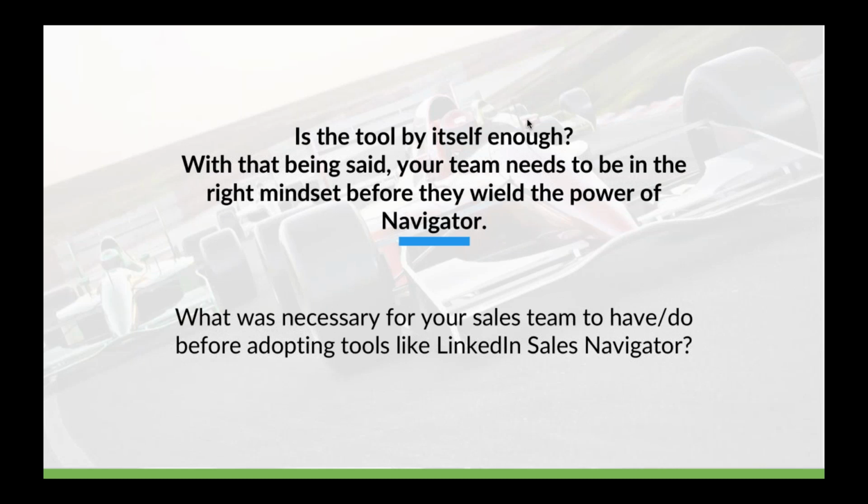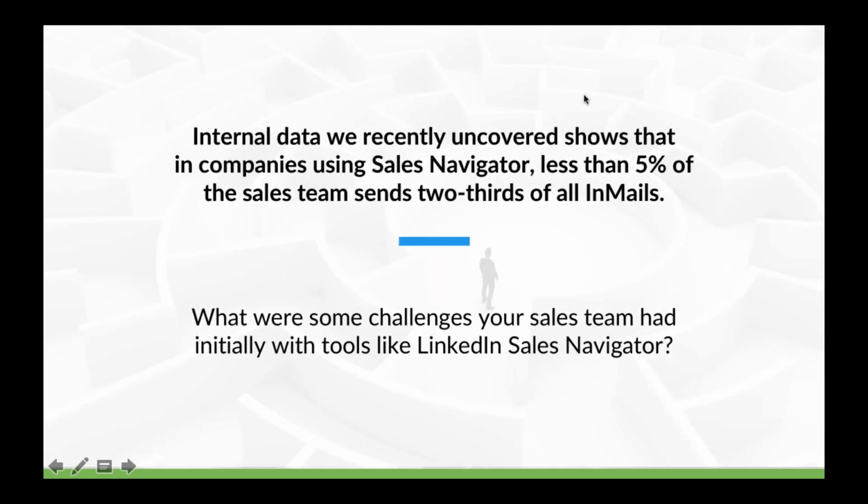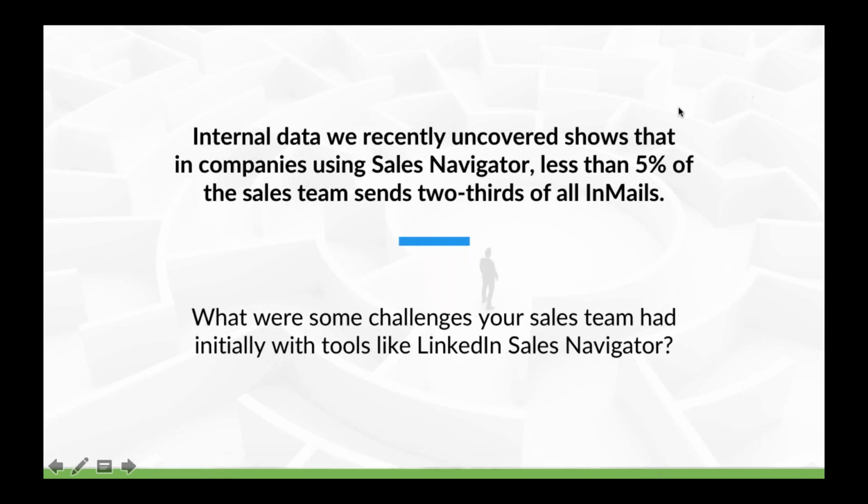That being said, I want to fast forward to the second question. Just to set the context, there's internal data that we found at Sales for Life. When we go deep into the weeds, we found that less than 5% of the sales team that has Sales Navigator actually sends 2/3 of all InMails.